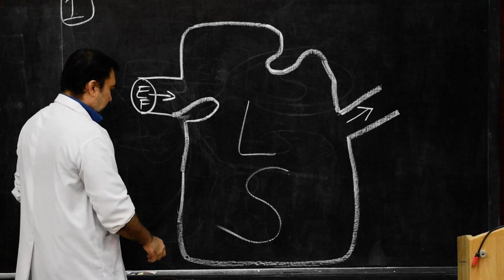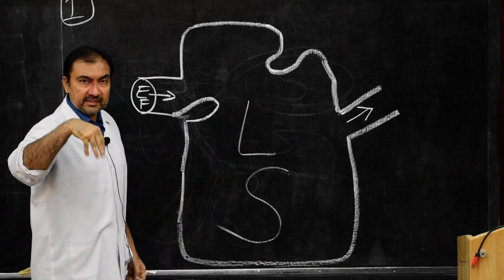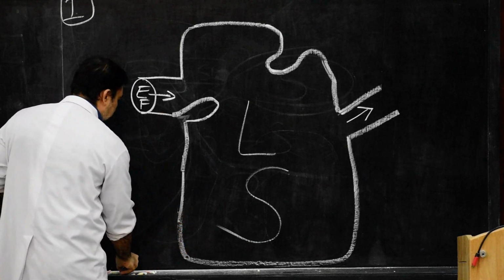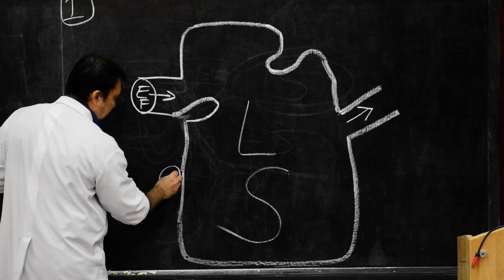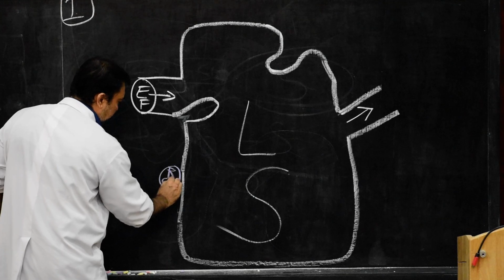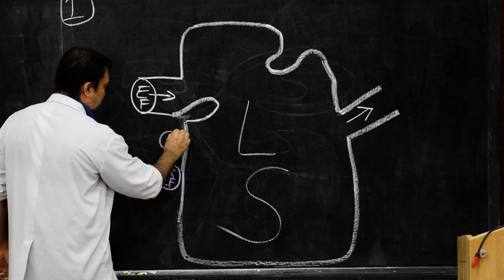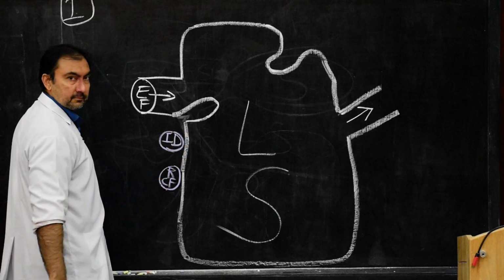Now just outside that lesser sac, in segment 2 we have understood the different levels, so those structures we need to draw. For example, here we will show the right colic flexure, right margin. Over here we will show the first part of duodenum.